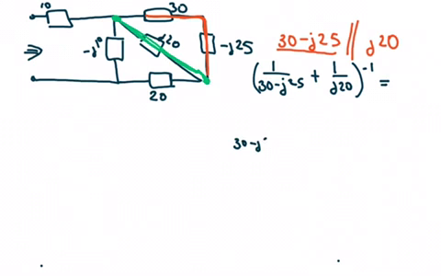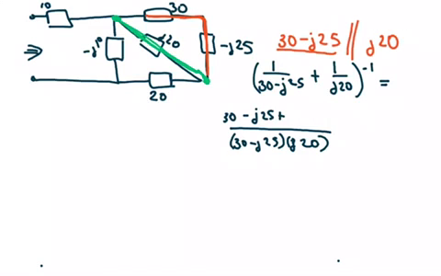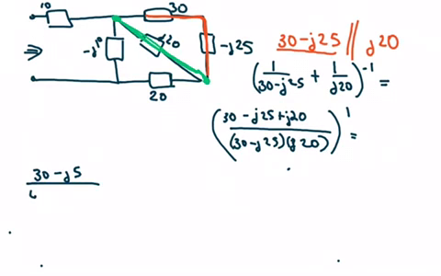So if I find a common denominator, J20, which is the same thing as 30 minus J5 over 600 J plus 500.